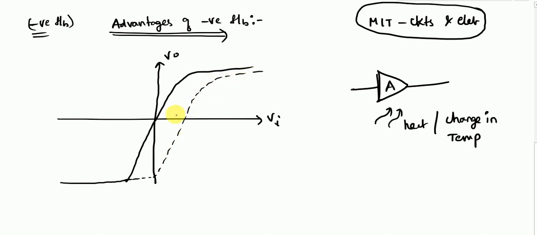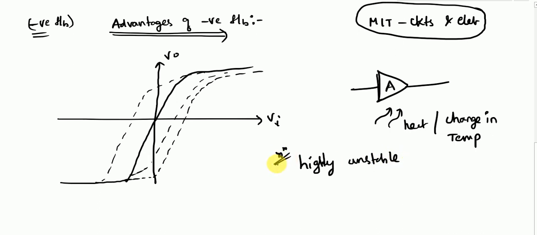They move back and forth like this. That means at different temperature conditions, the open loop amplifier is highly unstable. So this is the first drawback that was observed by Stephen Black.